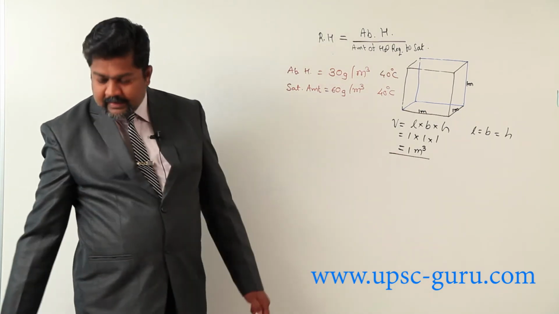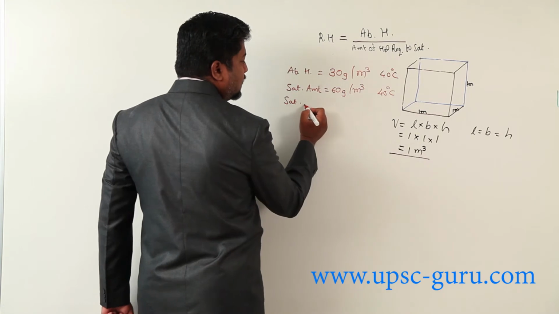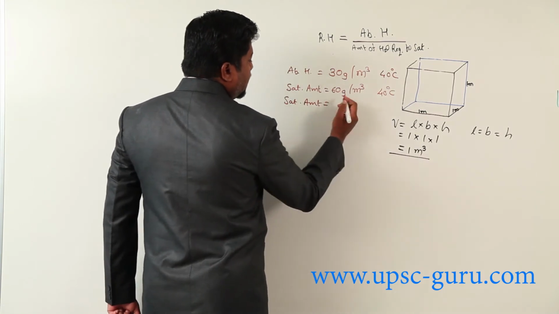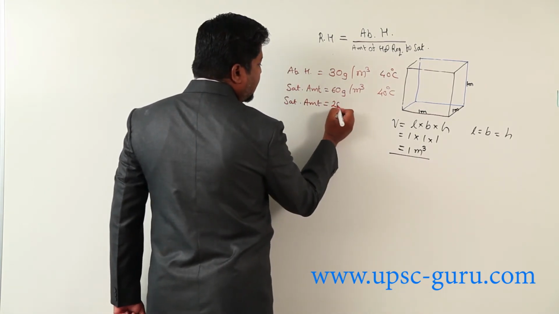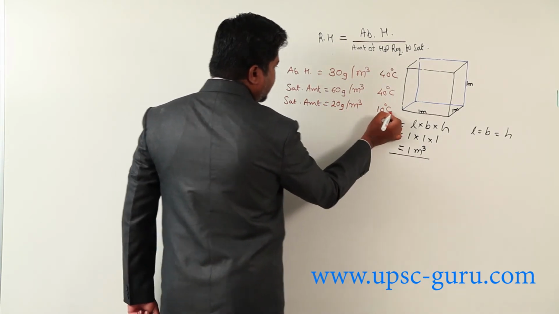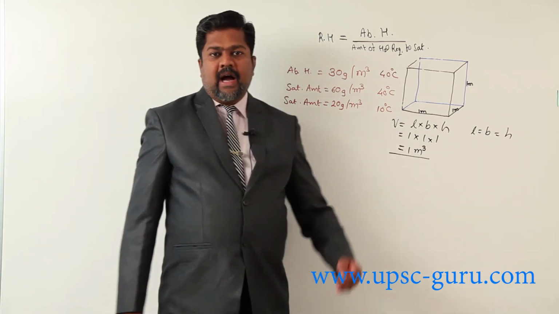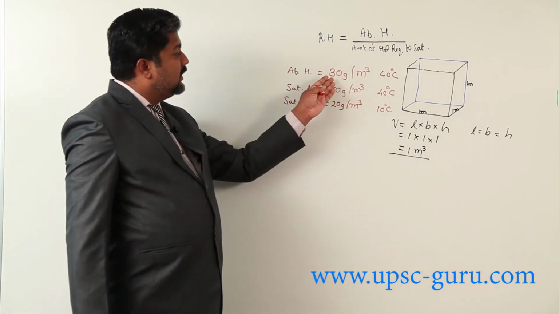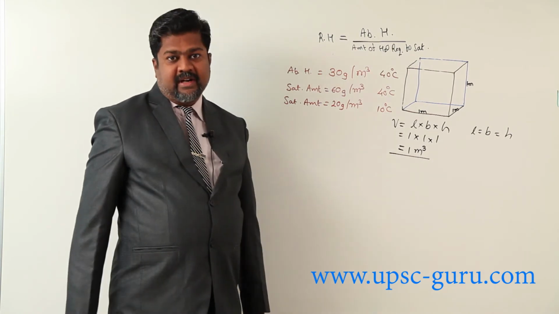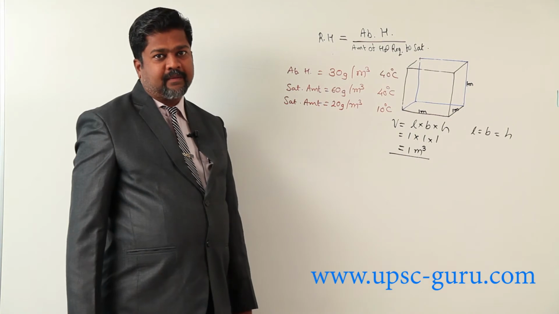Now the saturated amount will be 20 gram per meter cube at 10 degrees Celsius. Suppose in a particular area the afternoon temperature is 40 degrees and the amount of water present is 30. It will be 50% humid air.